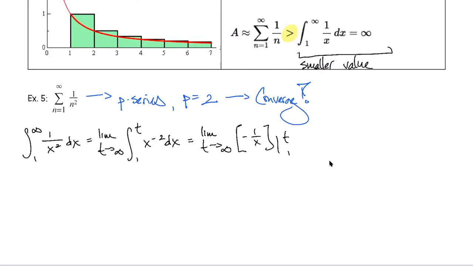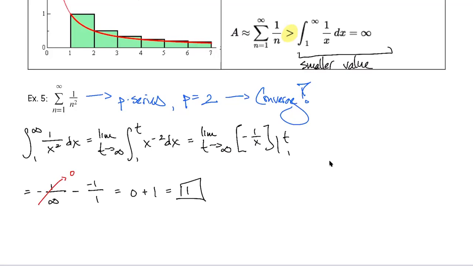Okay. So when I plug in those values, I'm going to get negative 1 over infinity minus negative 1 over 1. Negative 1 over infinity goes to 0. And so we get 0 plus 1, or we get 1.